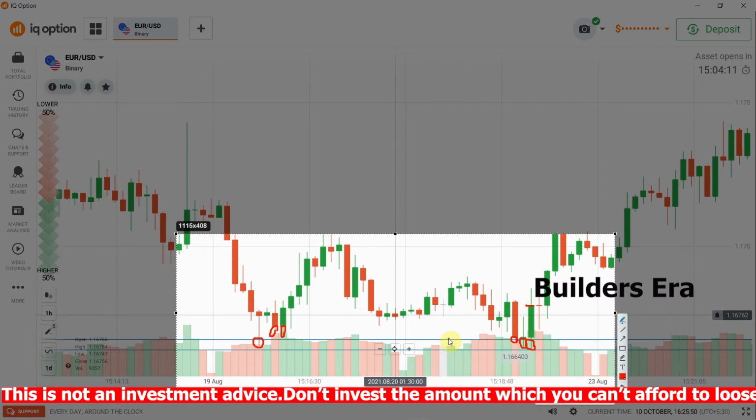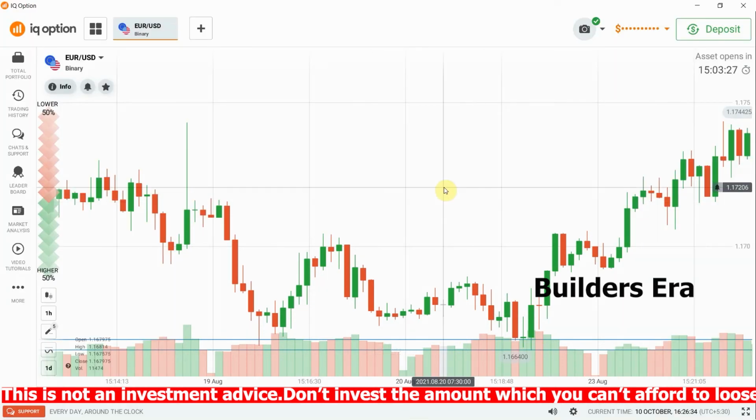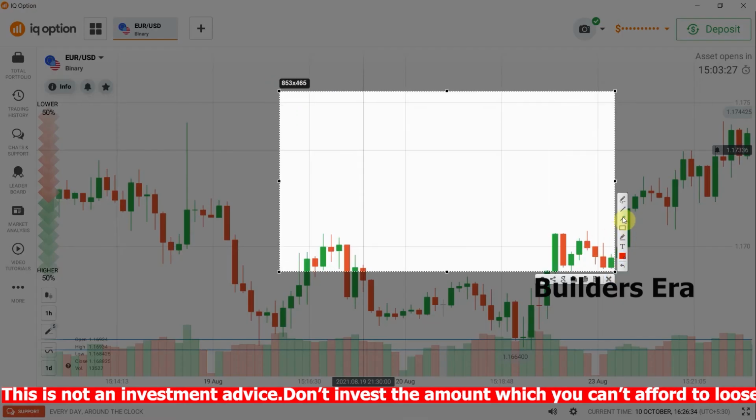So this is called buying pressure. That means when there is a support level, and sellers are trying to cross the level, that means they are trying to reduce the price, and finally buyers get into the market and push the price back.